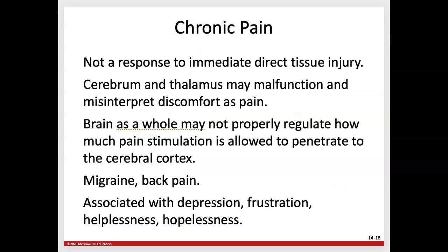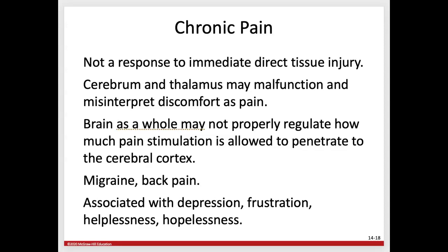Chronic pain is not a response to immediate direct tissue injury. The cerebrum and the thalamus can sometimes malfunction and misinterpret discomfort as actually pain. So the brain as a whole may not properly regulate how much pain stimulation is allowed to penetrate the cerebral cortex.